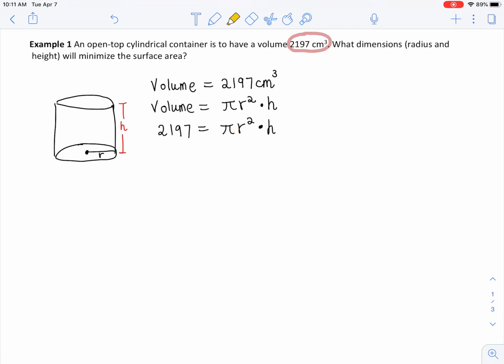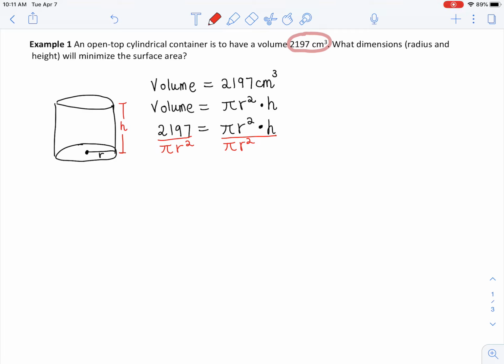So what we're going to do is write a function for the surface area, but we better only have one unknown variable. So I'm going to solve this volume equation for whichever looks easier to you. If you want to solve this for radius, you have to divide by pi h and take the square root. It's much easier to just solve for h, because look what I can do to both sides.